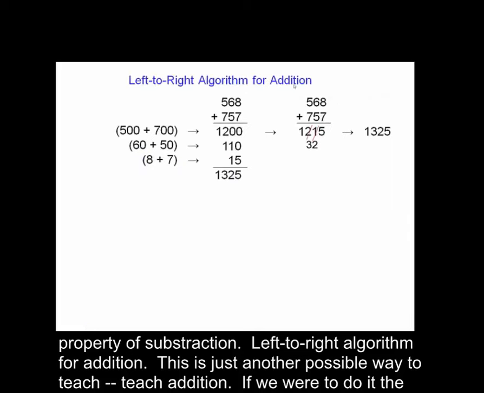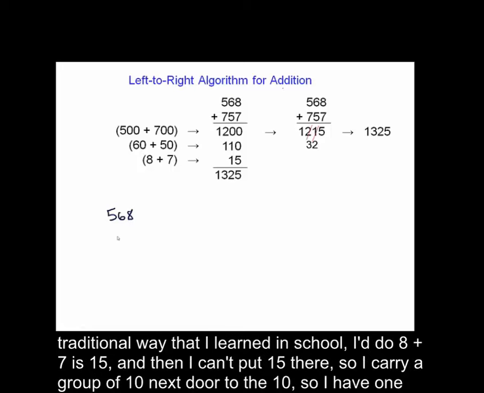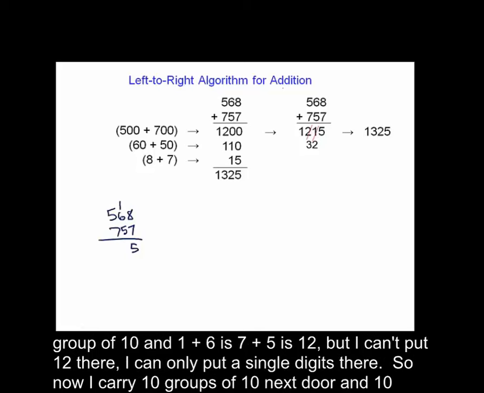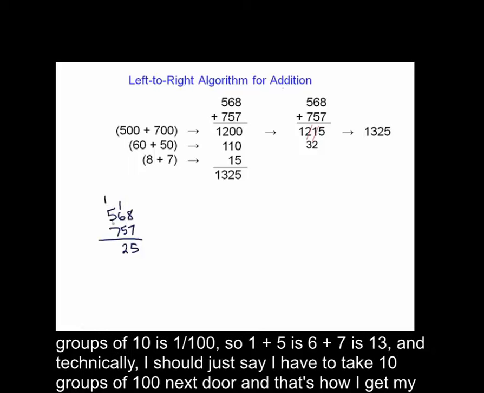The left to right algorithm for addition. This is just another possible way to teach addition. If we were to do it the traditional way that I learned in school, I'd do 8 plus 7 is 15, and then I can't put 15 there, so I carry a group of 10 next door to the 10s, so I have one group of 10, and 1 plus 6 is 7, plus 5 is 12, but I can only put a single digit there, so now I carry 10 groups of 10 next door, and 10 groups of 10 is 100.